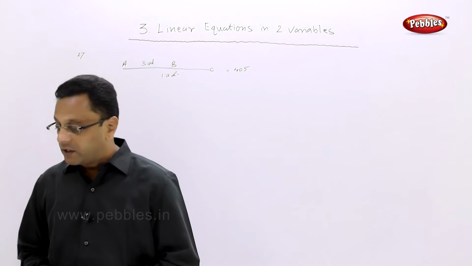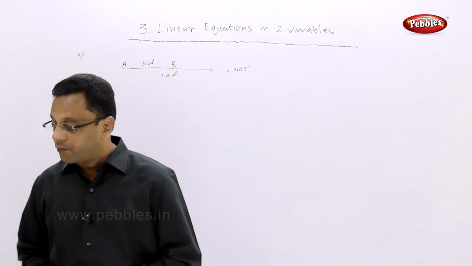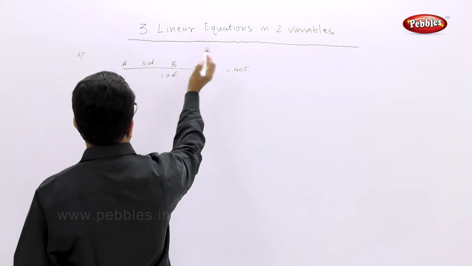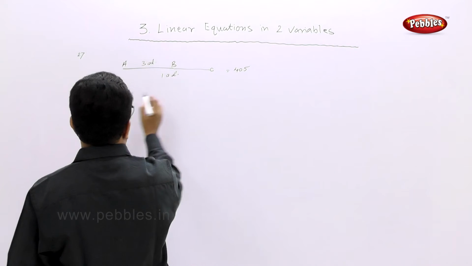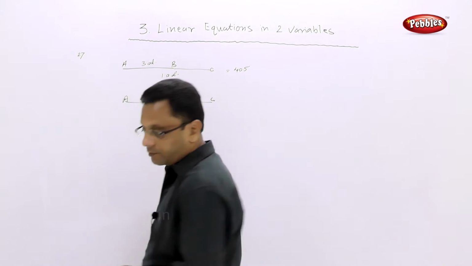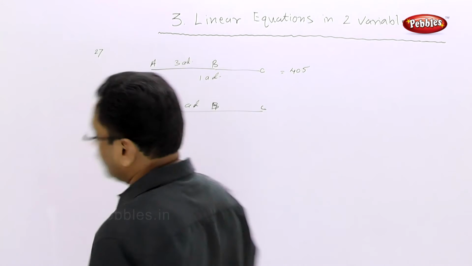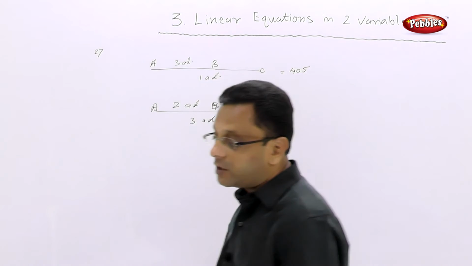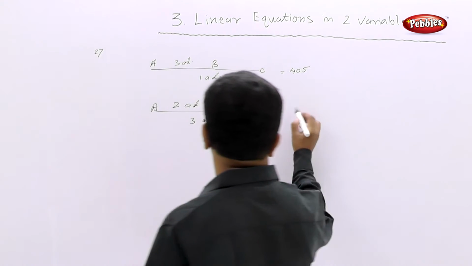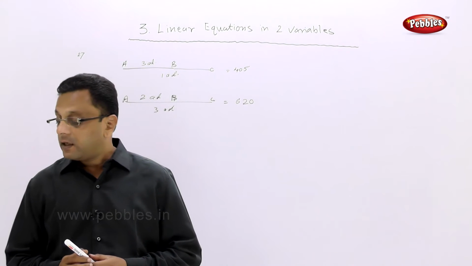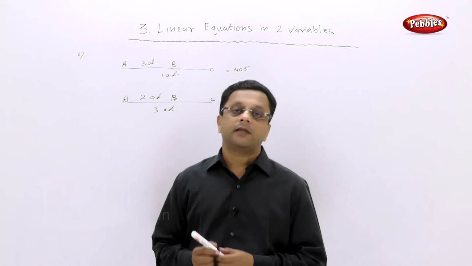Another person pays 620 bus fare: again we will draw our same thing, A, B, C. For A to B, 2 adults and 3 adults from A to C. And he pays total 620 rupees. Find the bus fare between places A and B and between places A and C.